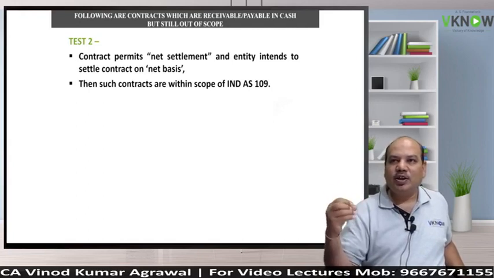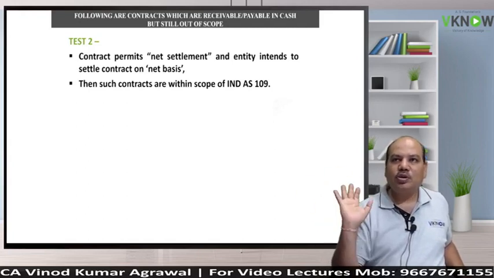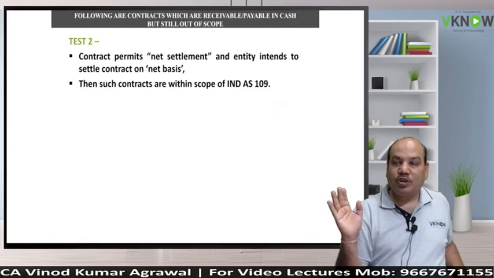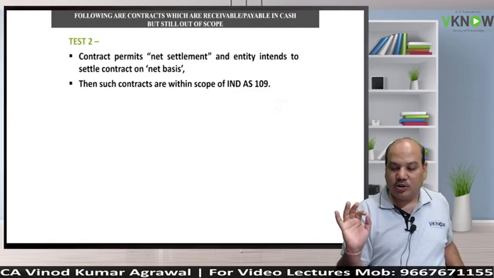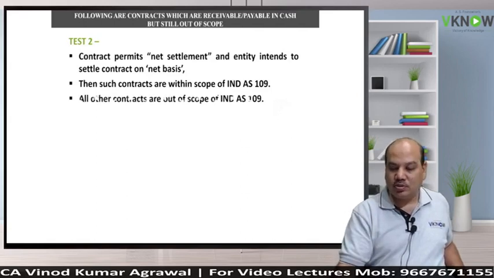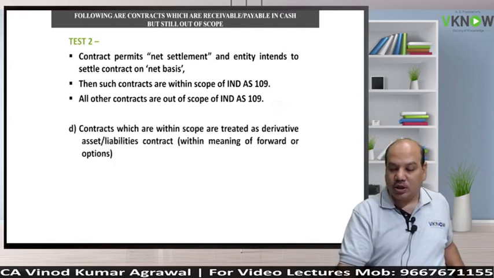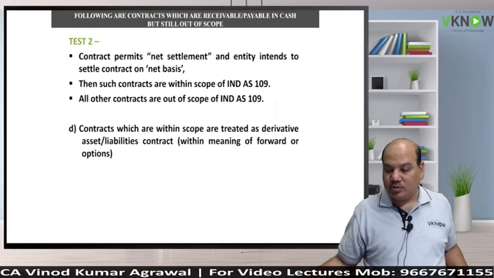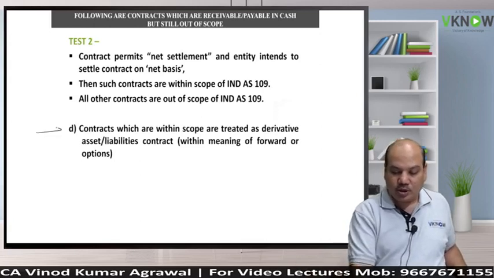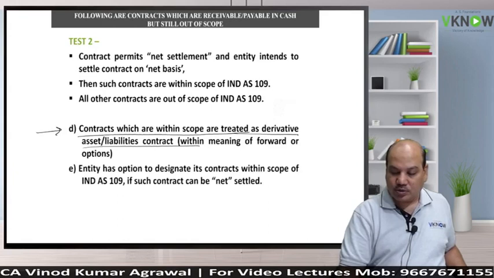We have agreed either you deliver wheat or you pay me the price difference, and I also intend to take the price difference. Then it will come under the scope of 109. Other contracts are out of the scope of 109. And the last point is that contracts which are within the scope are treated as derivative contracts, either future or option.